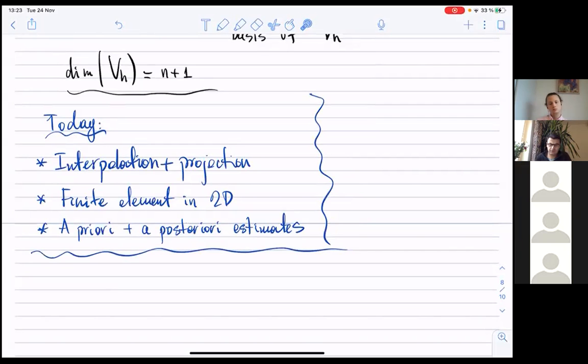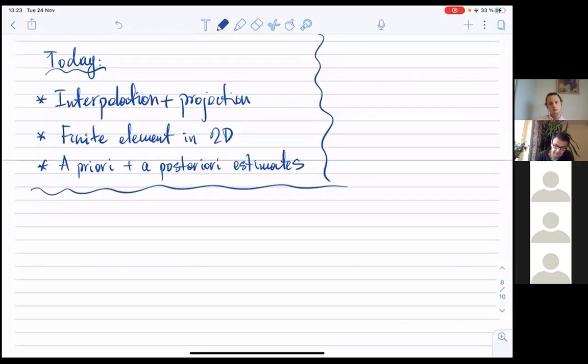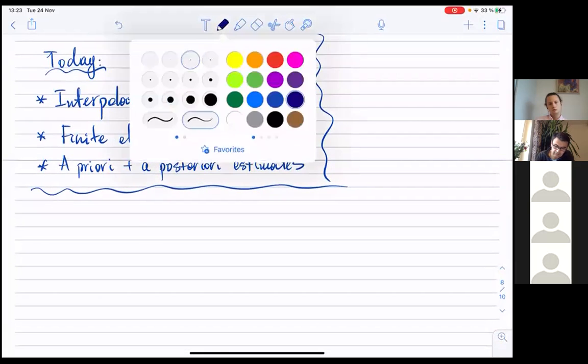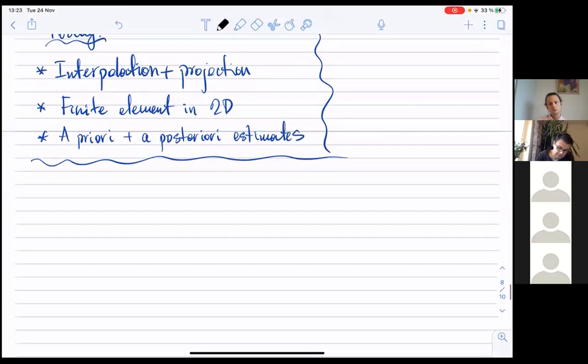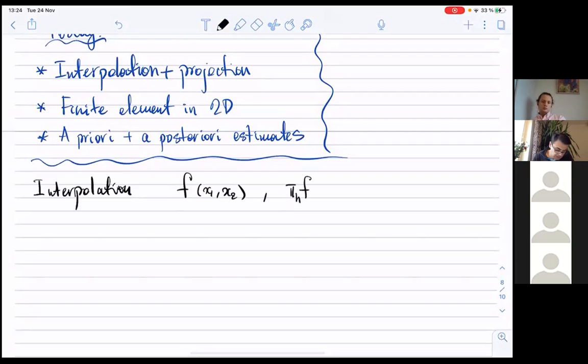Okay, so what was the definition of interpolation? What we did in the 1D case. Let's say that we are given this function f of x1 and x2, so it's like a surface in 2 dimensions. We say that this function Pf, we can of course put h little here.